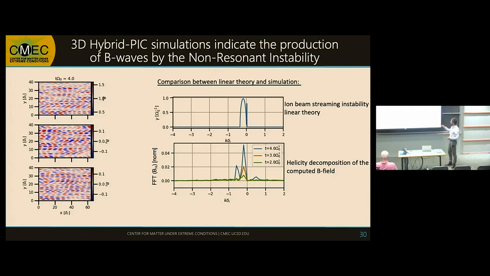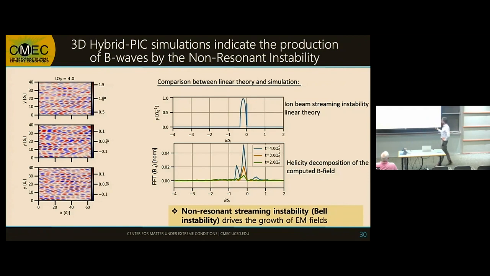In this case, we do expect to have a resonant unstable mode of around 0.3, which is due to the non-resonant instability, or the Bell instability. And it matched our simulation pretty well, which is to say that the growth of this wave is due to the non-resonant instability.